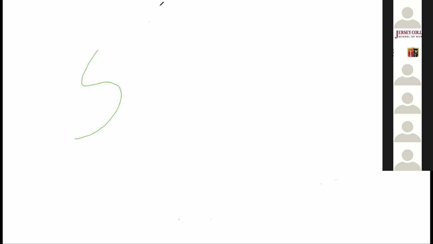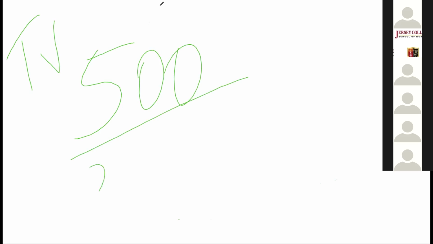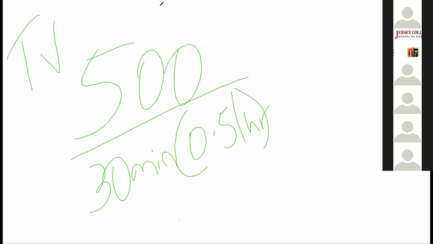So I'm just simply taking my total volume, which is 500, over my time, which I just said was 30 minutes, but now I have to convert that to an hour. So that's equivalent to 0.5 hours. When I take the 500 divided by the 0.5, that gives me 1,000.